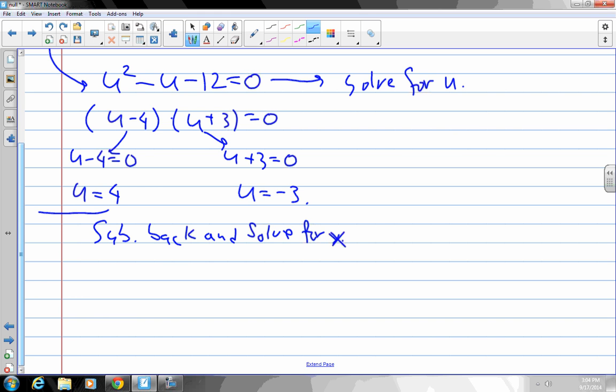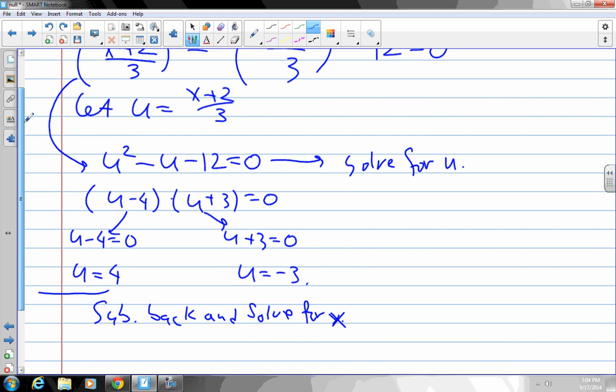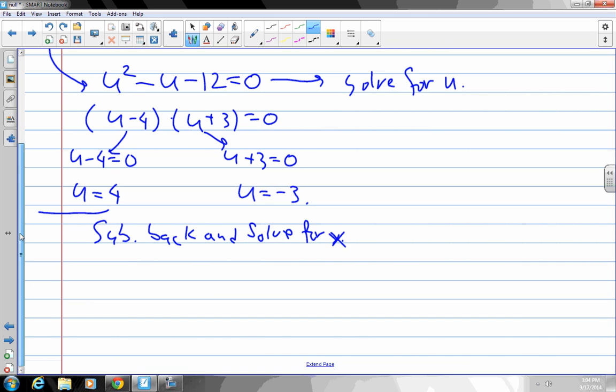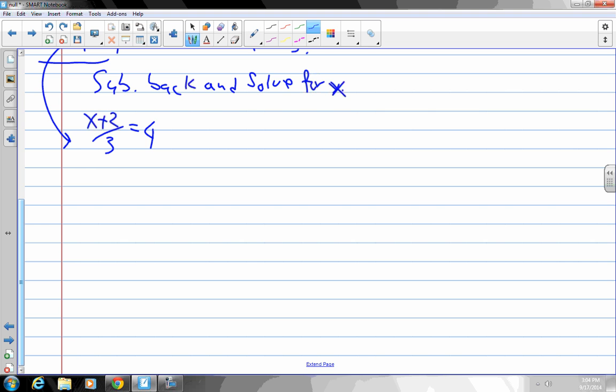What did we agree to let u equal? (x+2)/3. And u equals 4. So I can say instead of u equals 4, I can say (x+2)/3 equals 4. And I can solve for x. Right? They should be pretty easy to solve for x. Multiply both sides by 3, x plus 2 equals 12. So x equals 10.